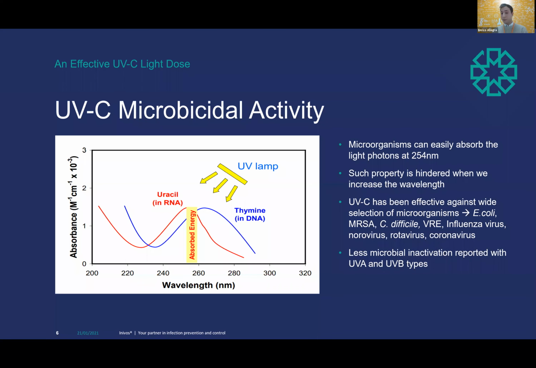But I guess 254 nanometers is something we can almost refer to as the golden standard, the most commonly used wavelength for UVC light.